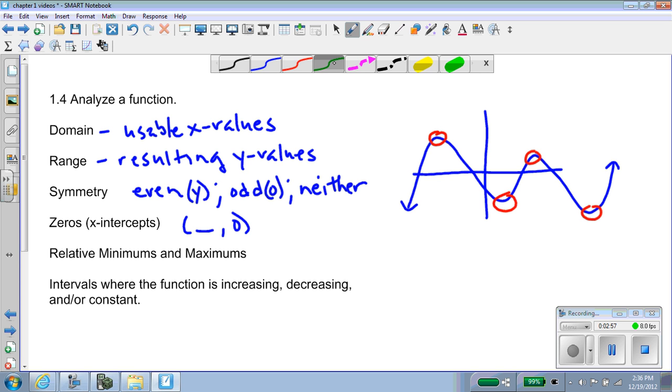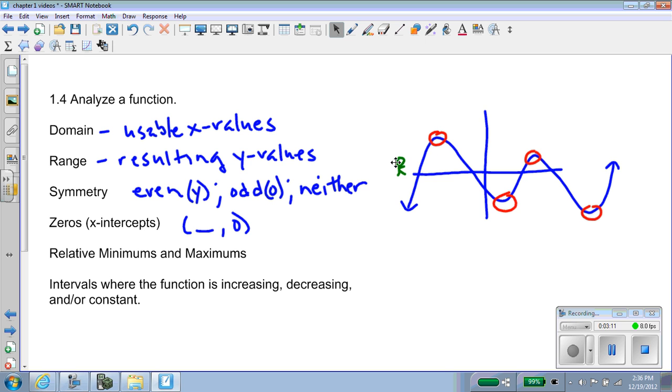Okay, so then we need to look at our function and describe it like a roller coaster. If we were walking along the x-axis, because we're afraid to ride the rides, how would we describe what's happening? Well, starting from negative infinity until I get to about here, the ride is going up.